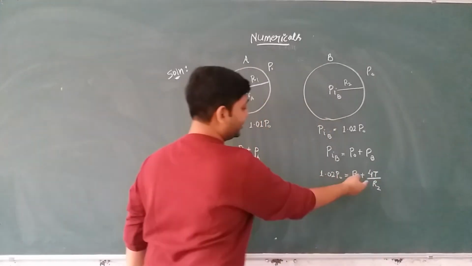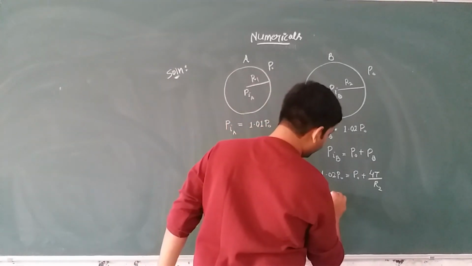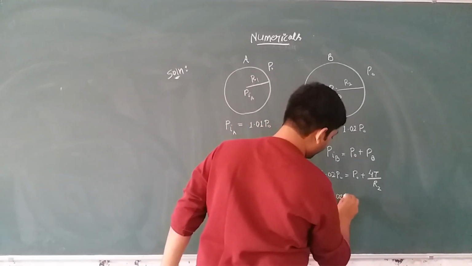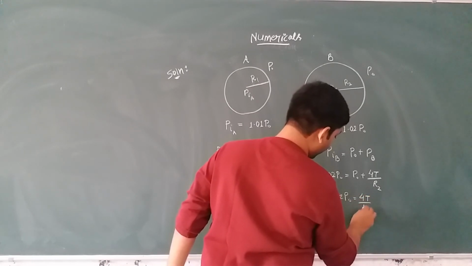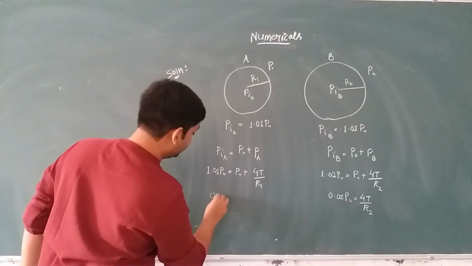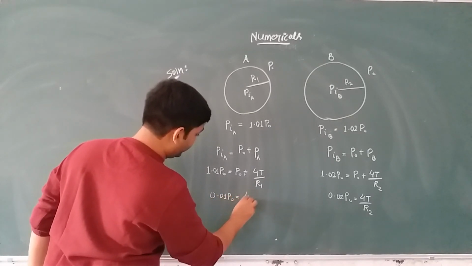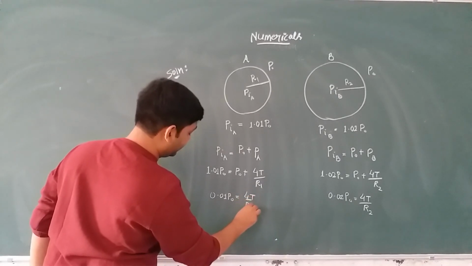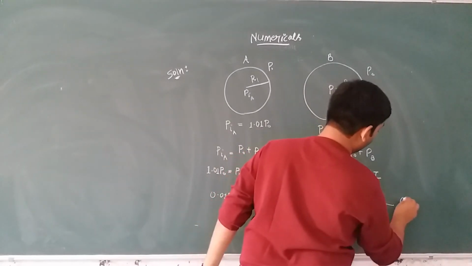Now P naught can be taken on the same side, and if we subtract, we have 0.02 P naught equal to 4T upon R2, and from here 0.01 P naught equal to 4T upon R1. So this is equation 1 and this is equation 2.